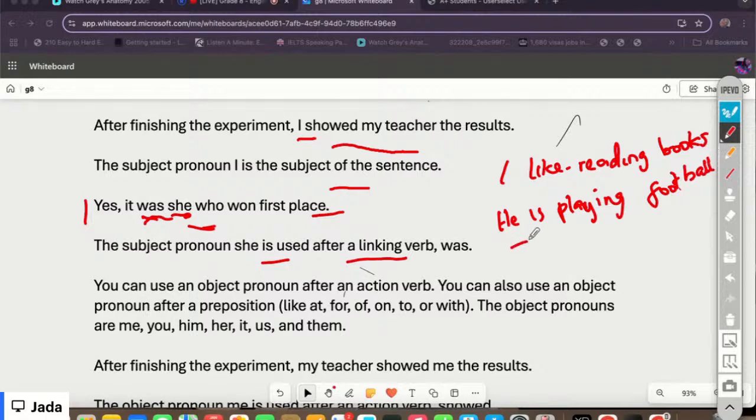We have: He is playing football. So he here is the subject, and is is the linking verb. Then we have I as the subject: I like reading books. So all these are sentences using subject pronouns.